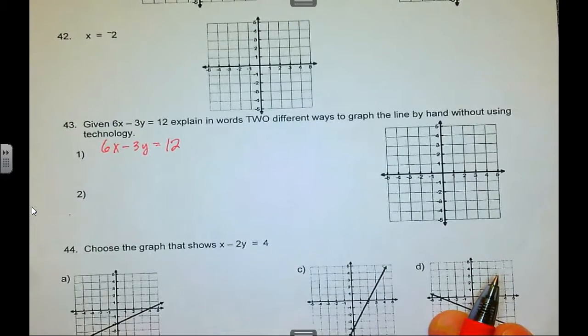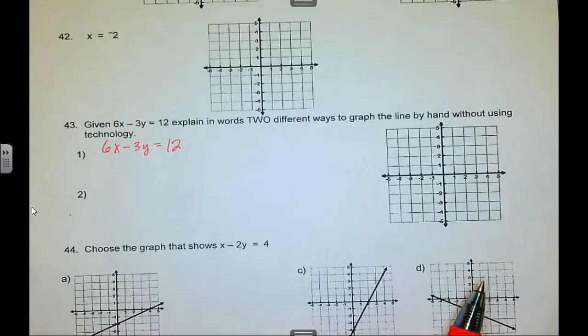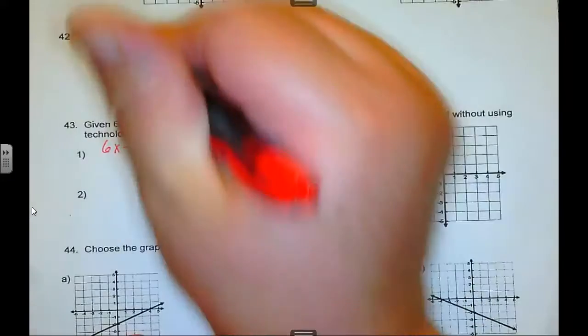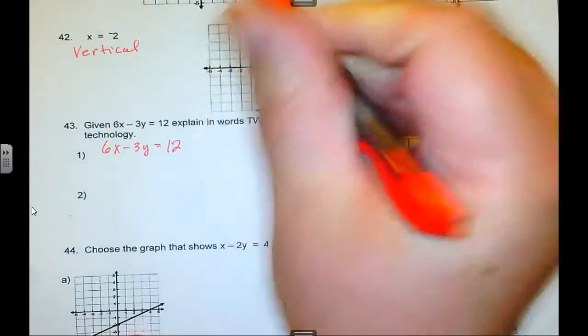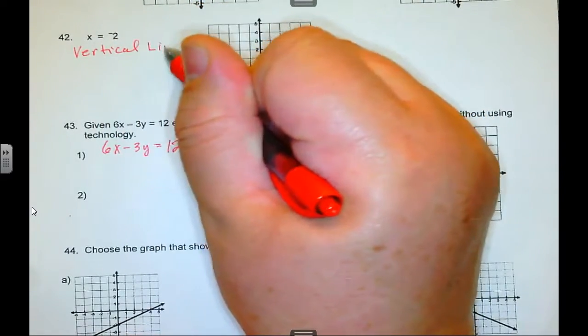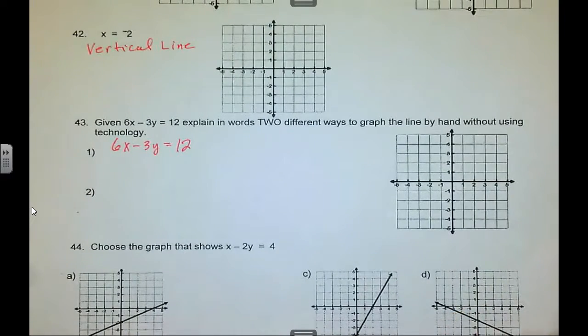It's undefined slope, so what kind of line do you have? Vertical. Pretty much it.